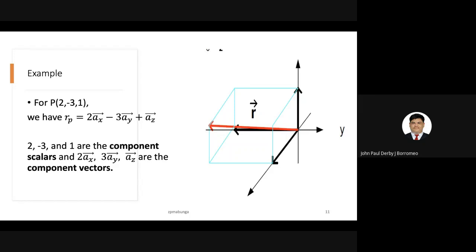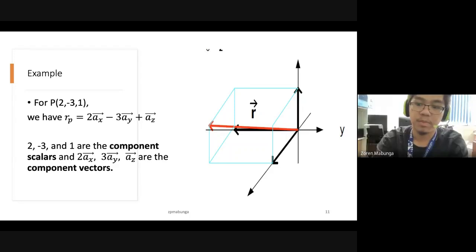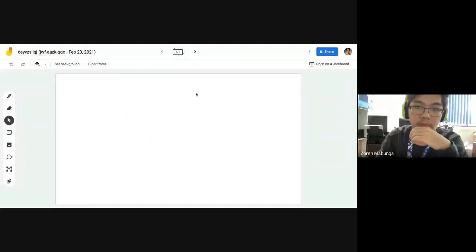Yung PowerPoint pa lang po yung kita. Sige, wait lang. Ayan. Nakikita niyo na? Opo.